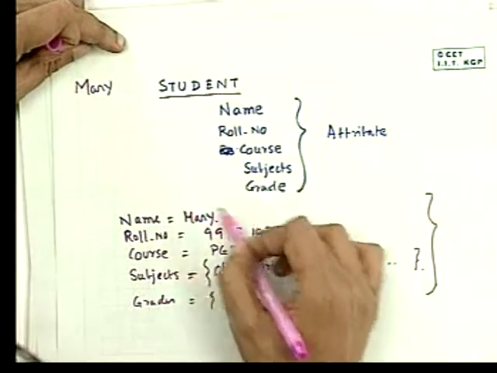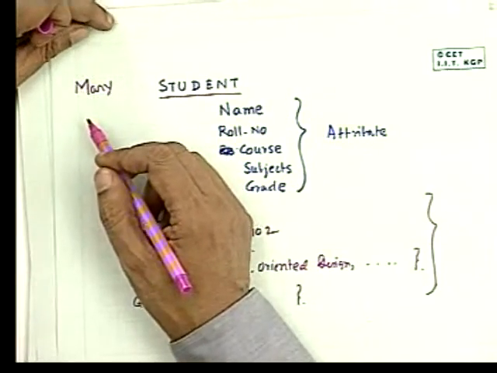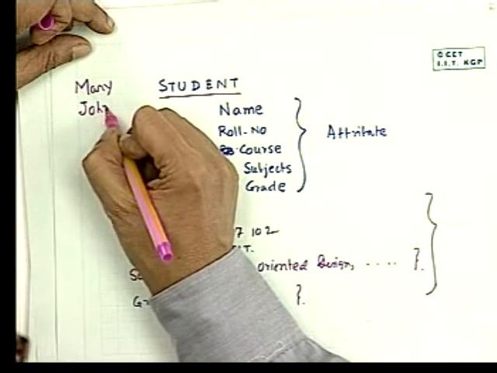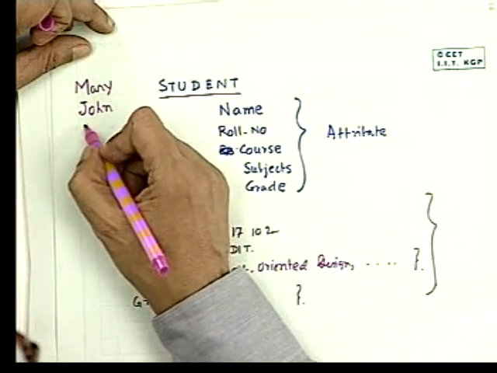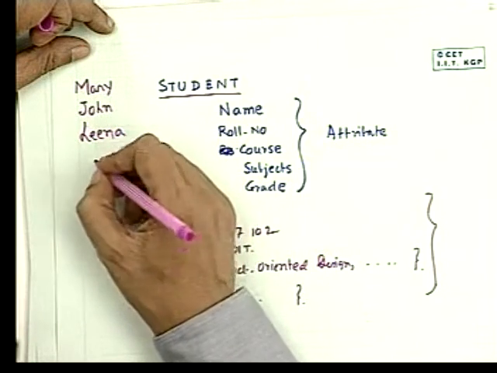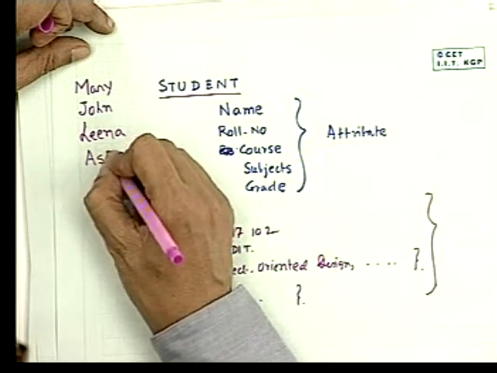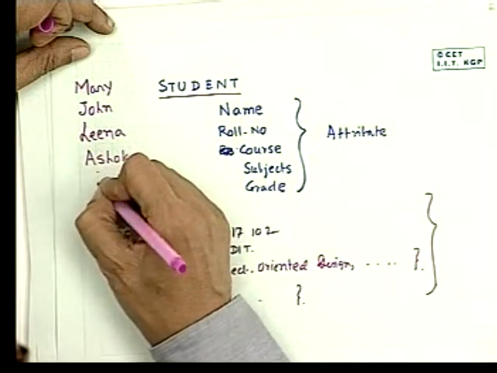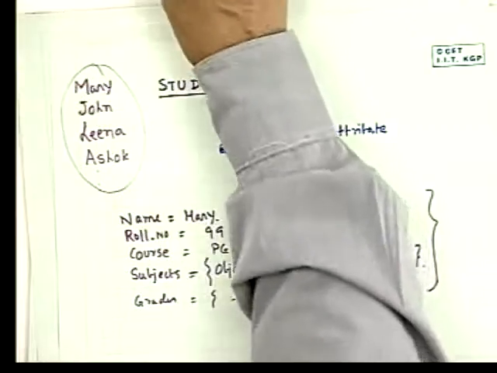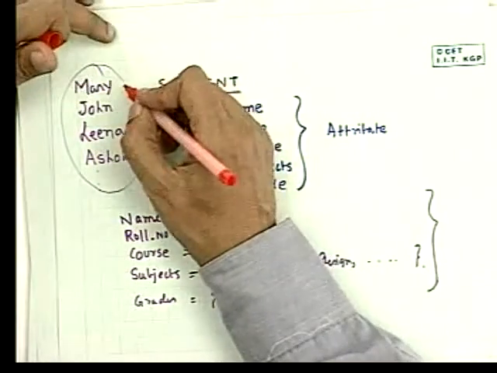So student is a class of which there can be several instances. For example, Mary, John, we can have another student, say Lena. Similarly, we can have a student called Ashok, and so on. All of them are called instances of the class student.